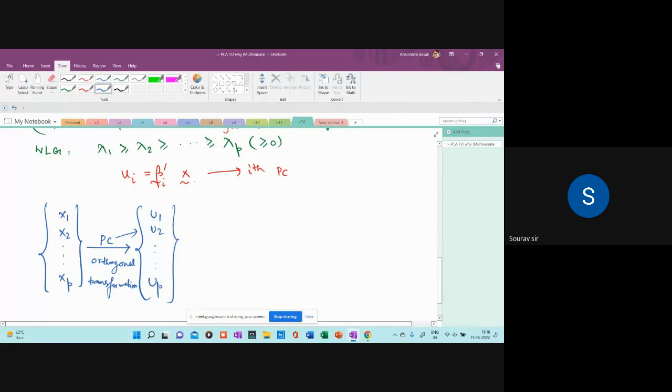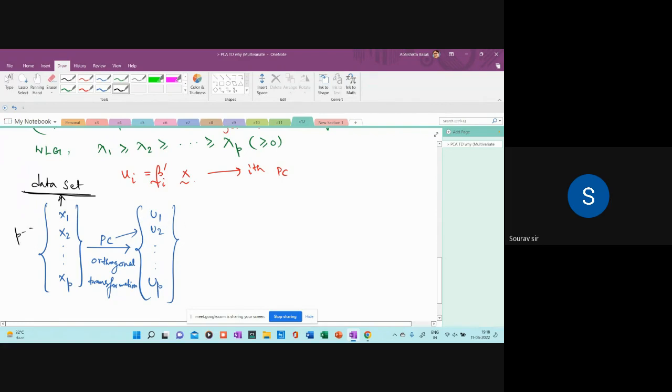Now, the problem with these two sets is that I have this full data set, but it has been transformed to principal components, where I have the liberty to choose some of the components based on some conditions, which will reduce the dimension of the whole data set.